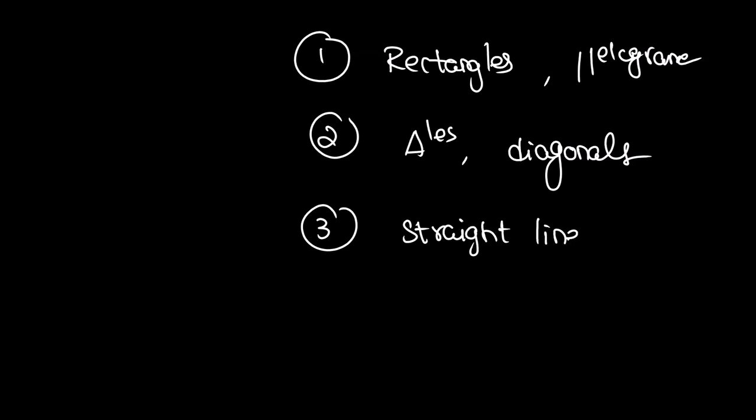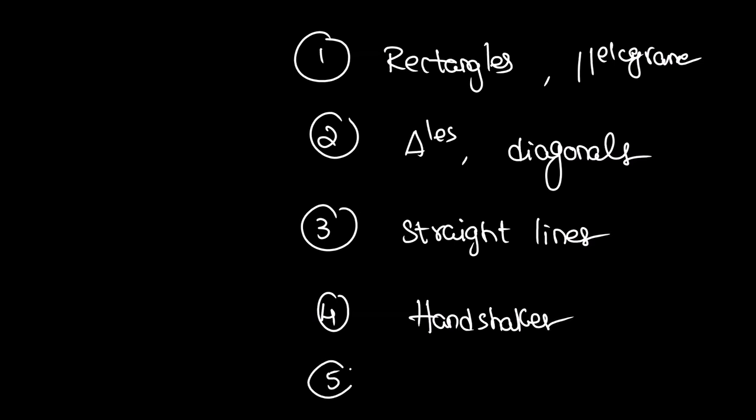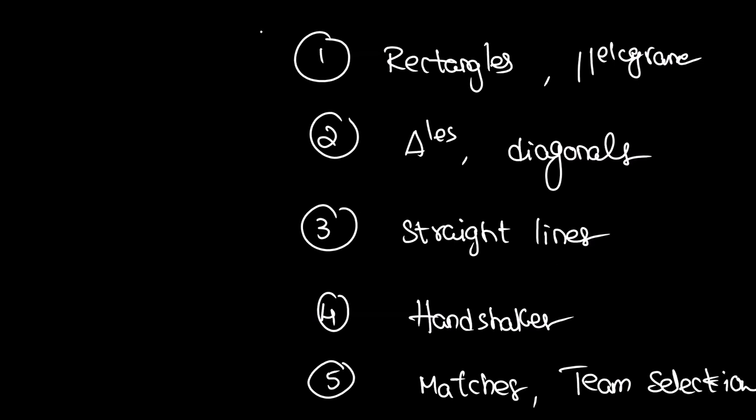Number of handshakes, we can apply. How many matches? Team selection. It is only related to selection. If a team is there, where to select them? There are a lot of applications like this.